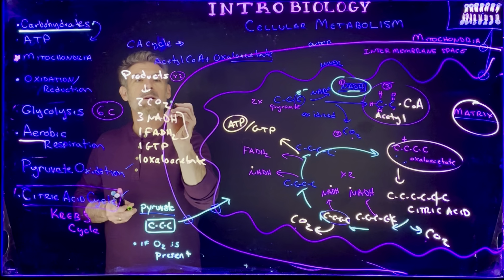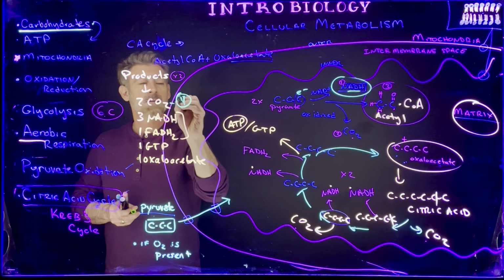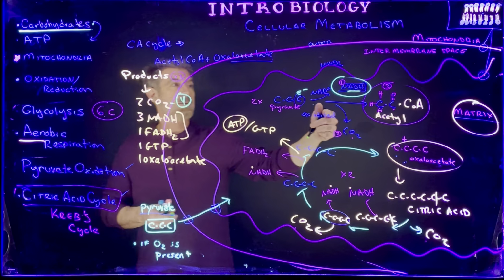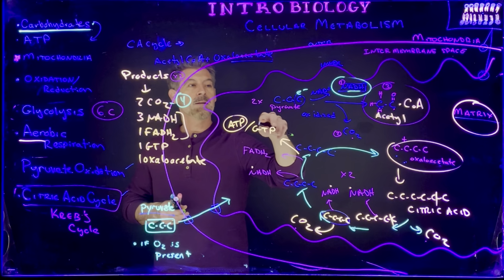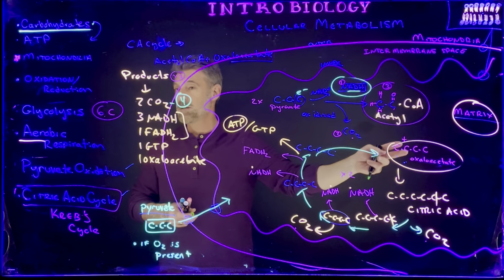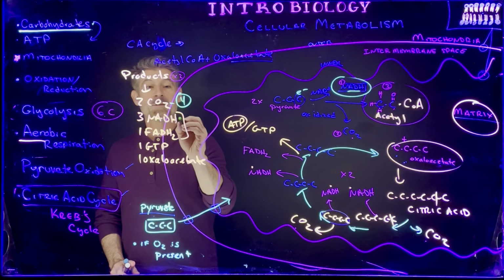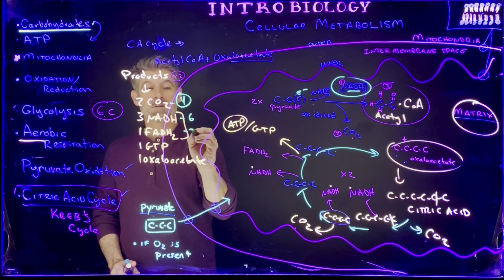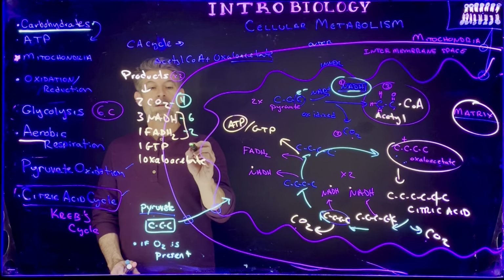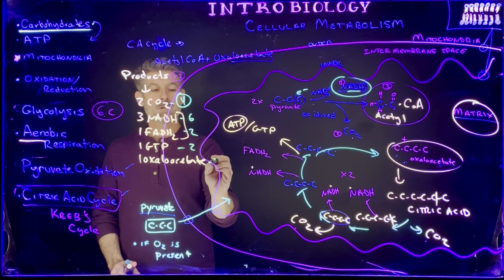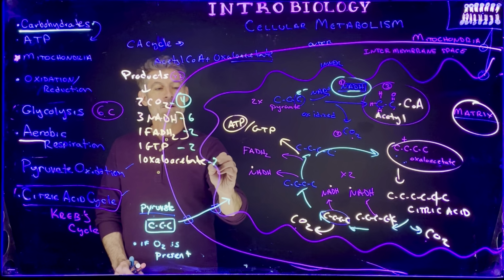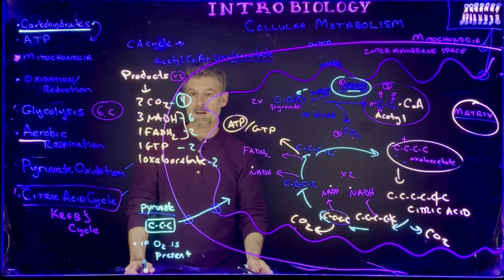Essentially, for every glucose, there'll be 4 of these because you would have had 1, 2 from 1 acetyl-CoA, 3, 4 from a second acetyl-CoA. All these things happen twice, so that's actually 6 NADH and 2 of the FADH2s. That's 2 of these GTPs, and then obviously 1 oxaloacetate per cycle. So again, 2 total are being made here.